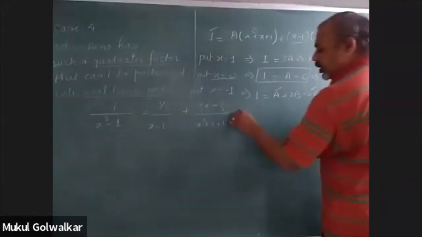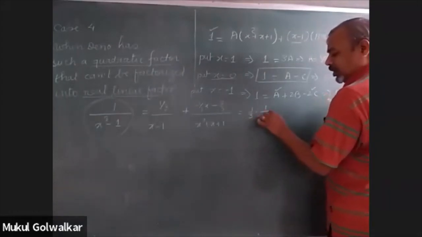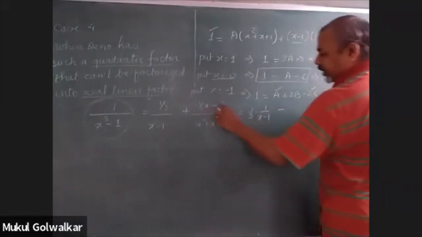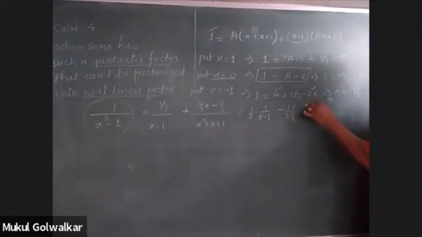Here you can write this in the form of 1 by 3 into 1 upon x minus 1. Take minus 1 by 3 common, so you have the quantity x plus 2 divided by x square plus x plus 1.